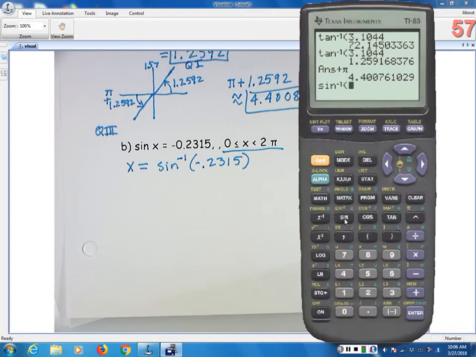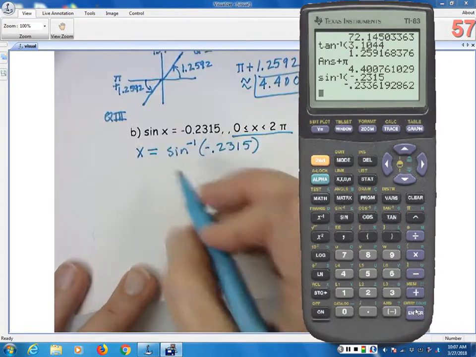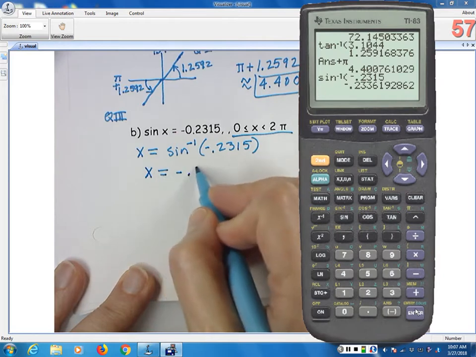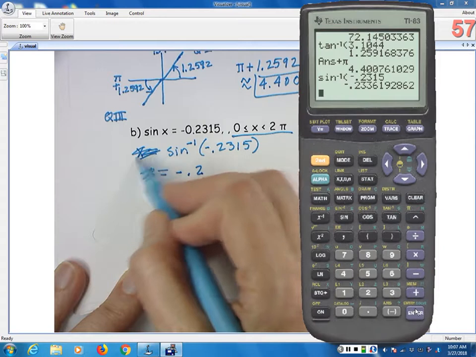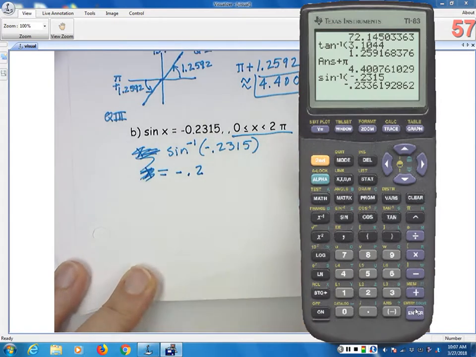Second inverse sine of negative 0.2315. So x is negative, oh, this is not one of our answers. This is not x. Sorry. X has to be between 0 and 2 pi. So this isn't even one of our answers.